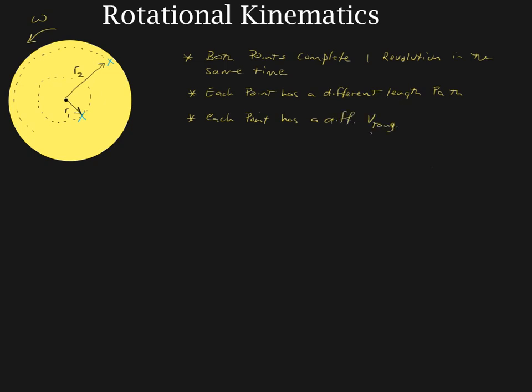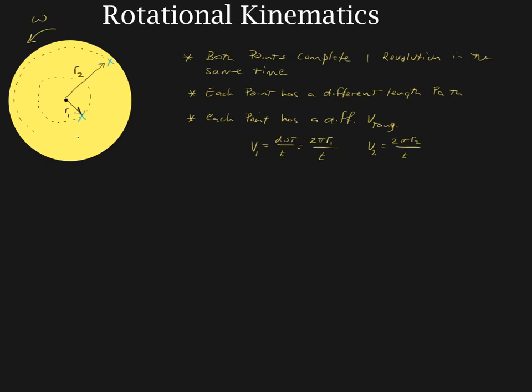Now, if you want to calculate the tangential velocity, we're just going to say that V1 for object 1 is going to be equal to the distance around. So we'll just say distance divided by time, and that distance is the circumference. So that's going to be 2 pi r1 divided by the time interval t, and then V2 is going to be equal to 2 pi r2 divided by t.